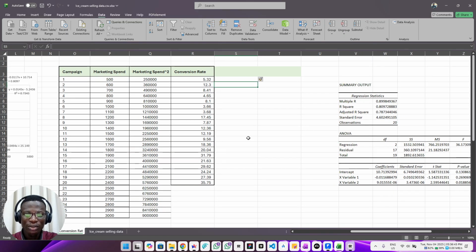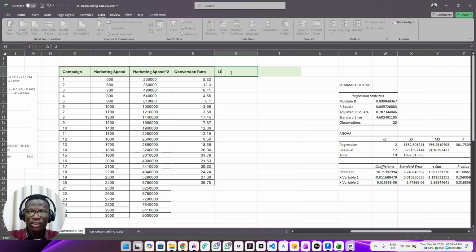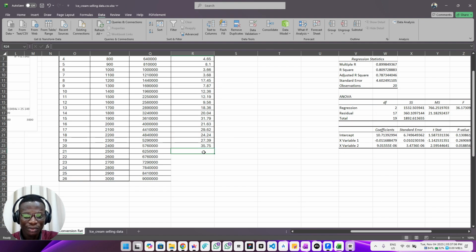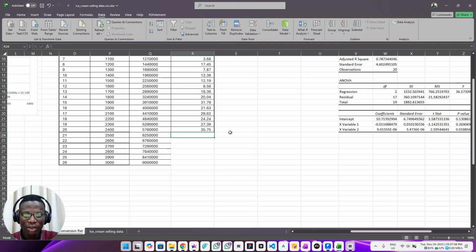Okay, so you can say let's use linear. Just go for the linear prediction and the polynomial predicted. So here is our main data. Right? So what do we do here?